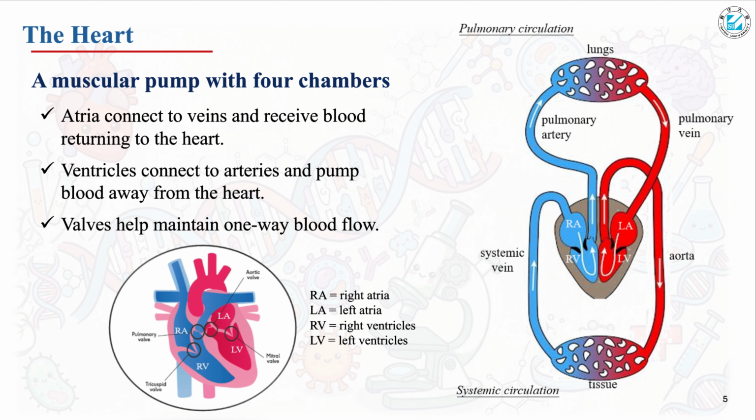In simple terms, atria connect to veins and receive blood returning to the heart. Ventricles connect to arteries and pump blood away from the heart. The heart also has valves. These valves help blood flow in one direction and prevent blood from flowing backwards.